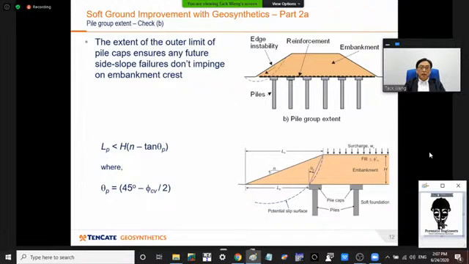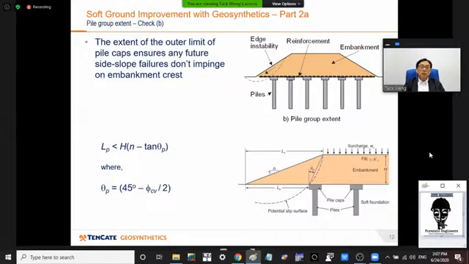Next, check B involves edge stability. It concerns the question of how wide, or the extent of the pile section to the sides of the embankment. Obviously, you do not need to go all the way to the toe.